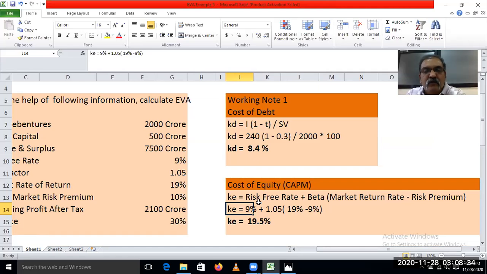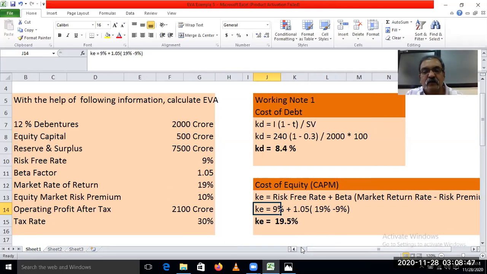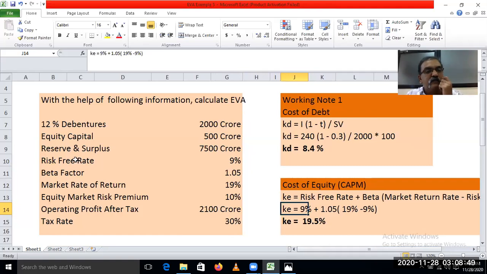Check out, this is the formula. Risk-free rate plus beta into market return rate minus risk premium. Now the risk-free rate is given in the example. So this is the risk-free rate.